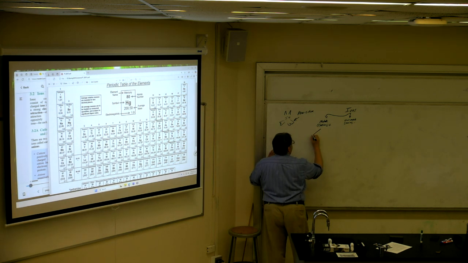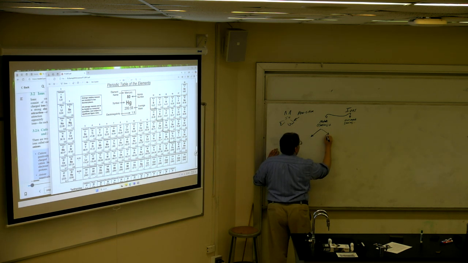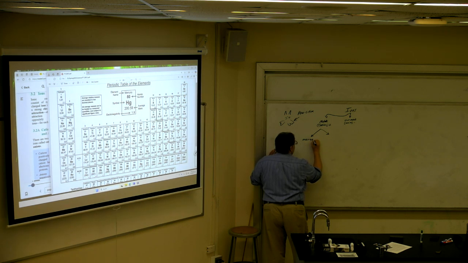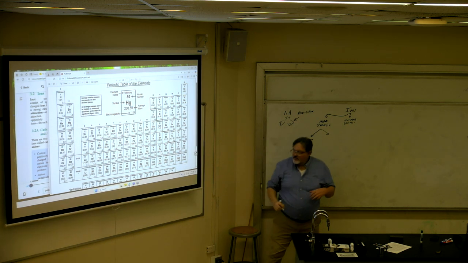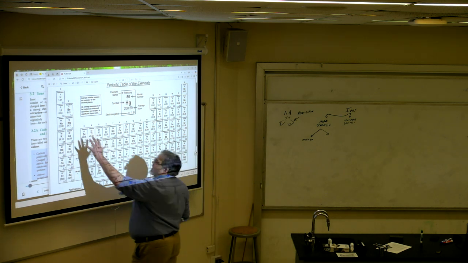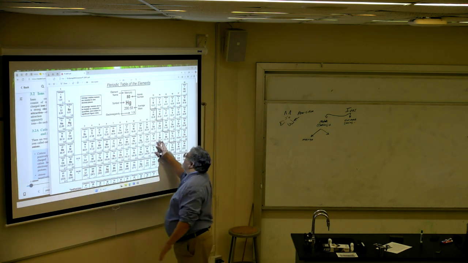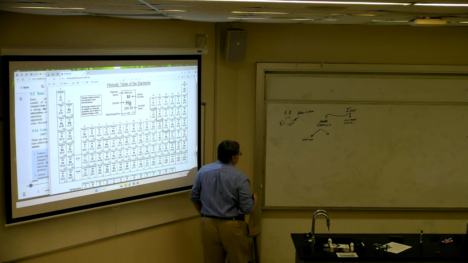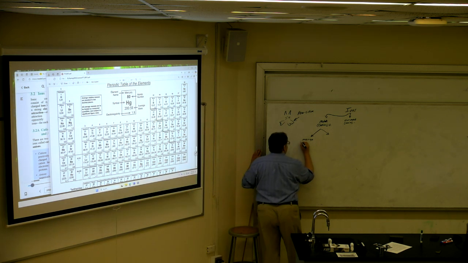You can break the metals down into main group. And really main group means these two columns and really just aluminum. Let's see, main group.